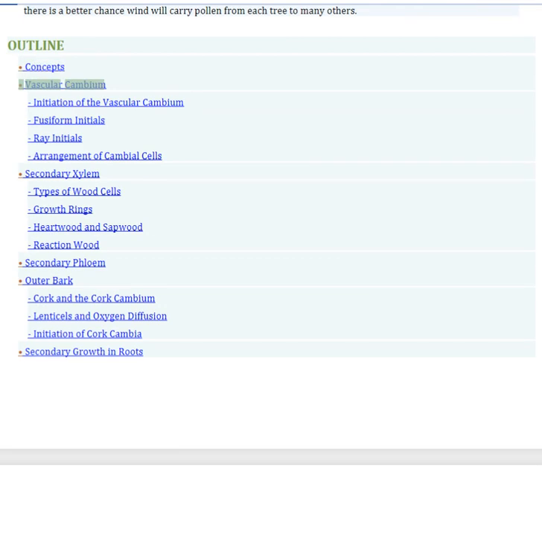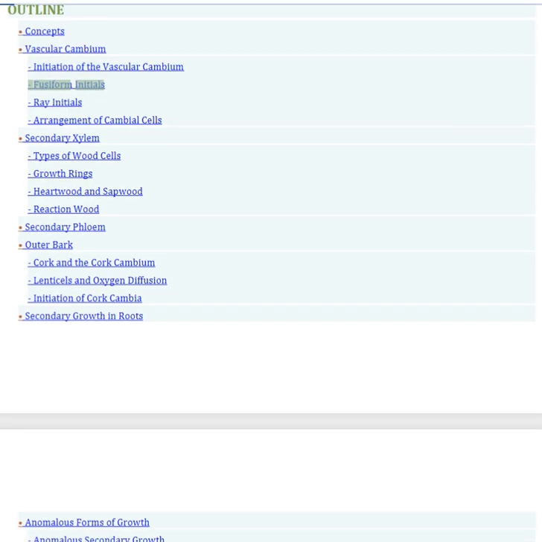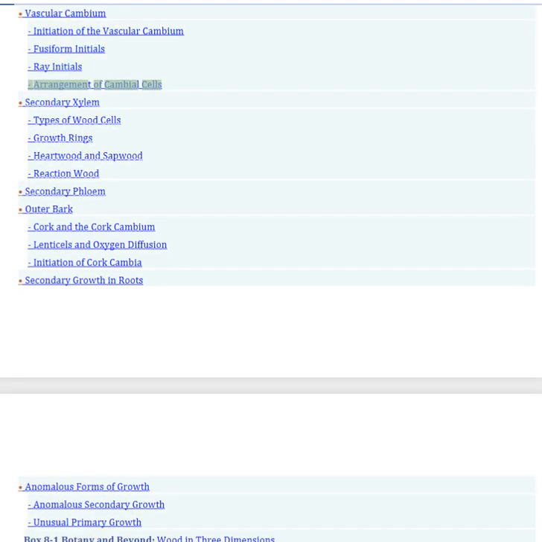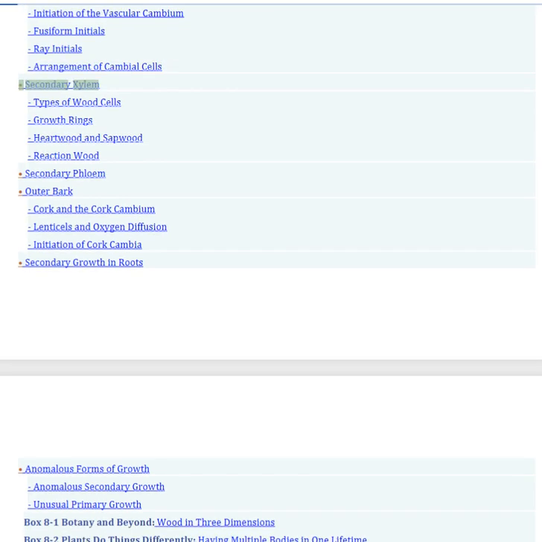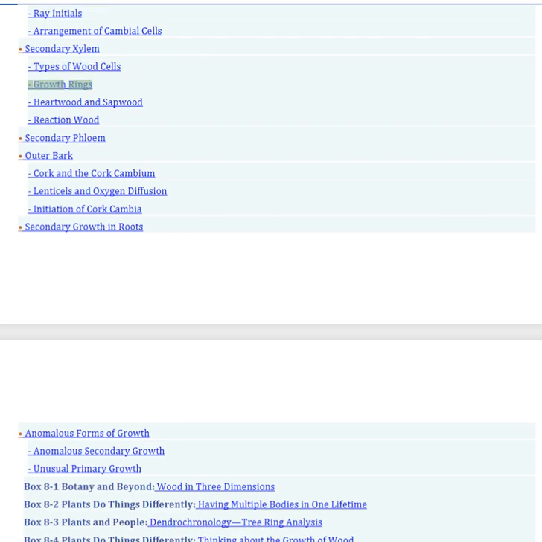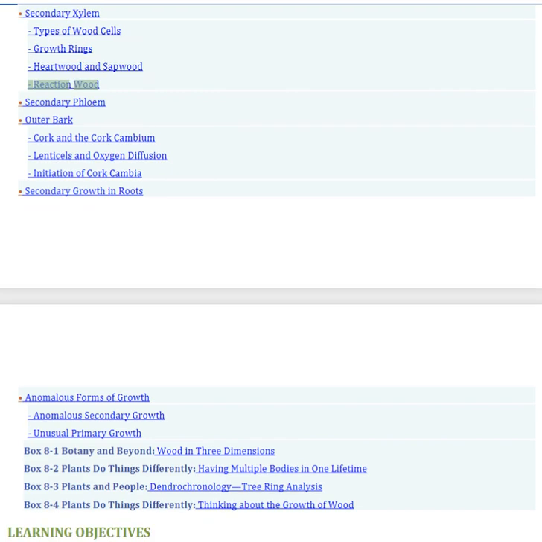Vascular cambium. Initiation of the vascular cambium. Fusiform initials. Ray initials. Arrangement of cambial cells. Secondary xylem. Types of wood cells. Growth rings. Heartwood and sapwood. Reaction wood.